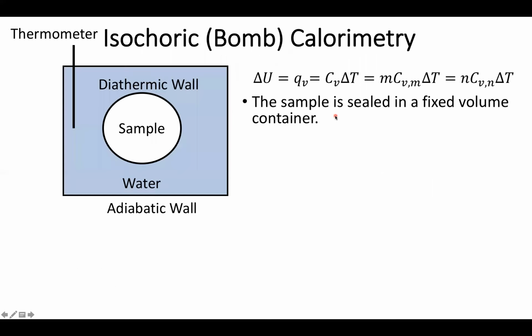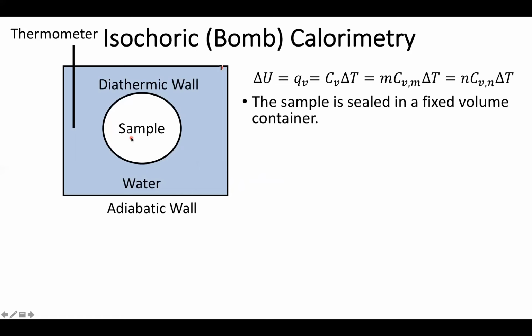So we can again imagine our isochoric bomb calorimeter as being positioned in a container with adiabatic walls, where we're going to then have a sample chamber, which is going to be put in a fixed volume container. That way, any sort of reaction or change that happens within this container will in and of itself also occur isochorically.